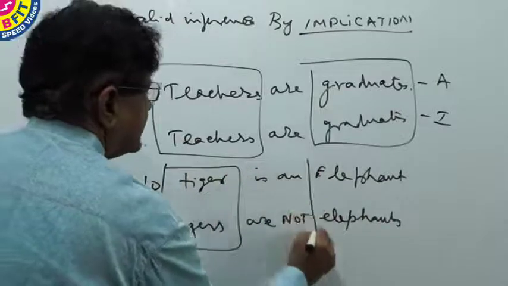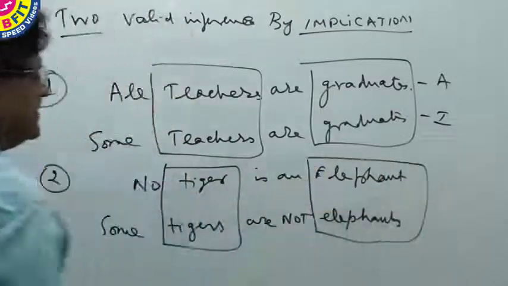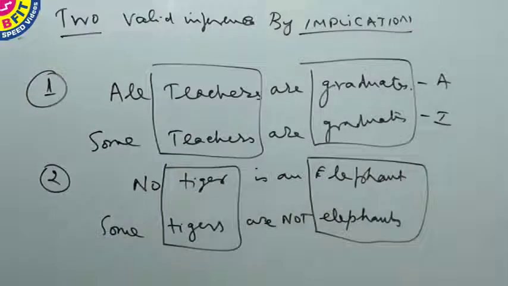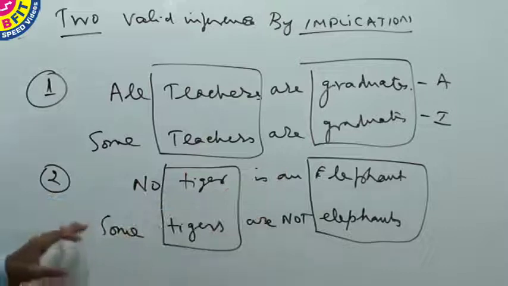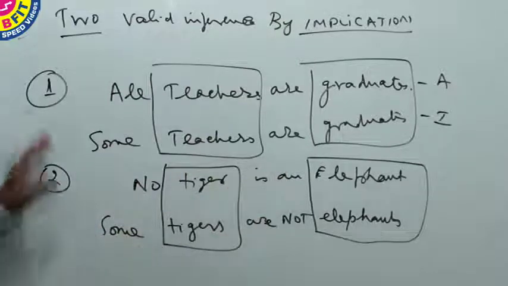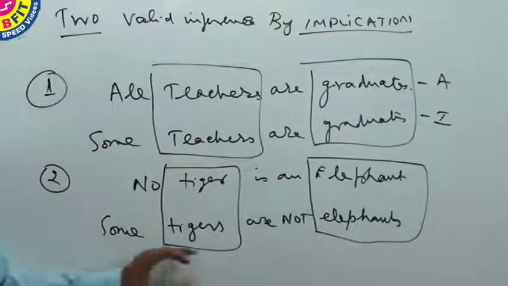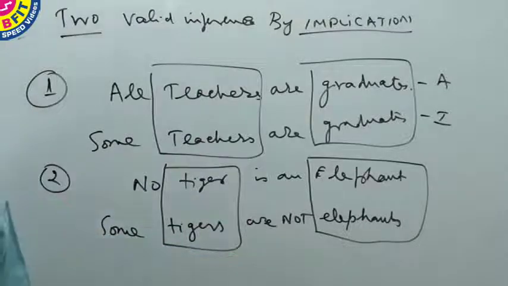Subject remains subject and the predicate remains the predicate, and please remember we are not changing the quality. Positive becomes positive, negative is remaining negative. We are not changing it. What we are arriving at is no tiger is an elephant. From that we can draw a valid inference by implication. Some tigers are not elephants. So these are the two valid inferences you can draw by implications.